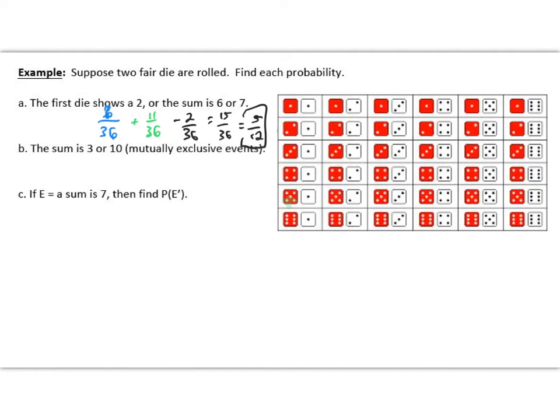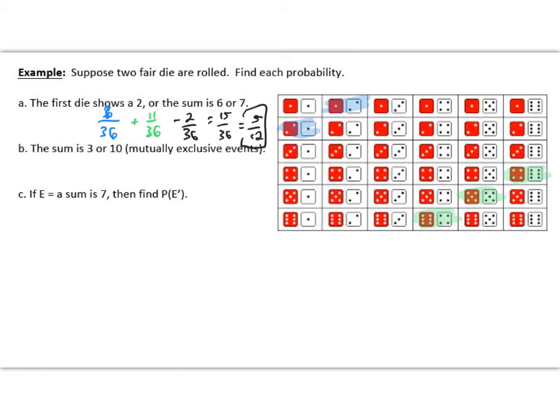All right, so now we turn our focus to the next question, which says the sum is either 3 or 10, and those are mutually exclusive. Well, yes, of course they're mutually exclusive, because the 3's are going to be up here in the upper corner, and the 10's are going to be down here, where you could get a 6 and a 4, a pair of 5's, or a 4 and a 6.